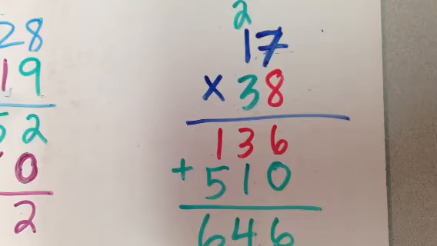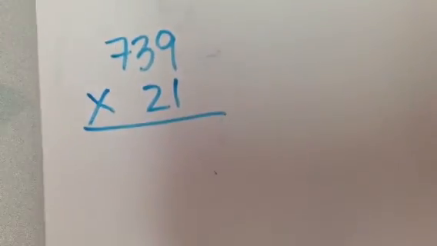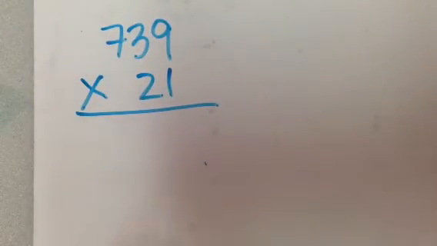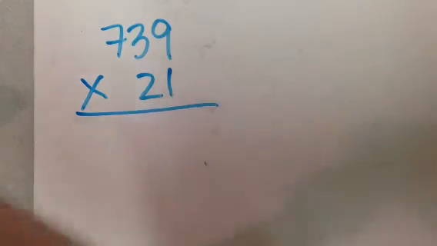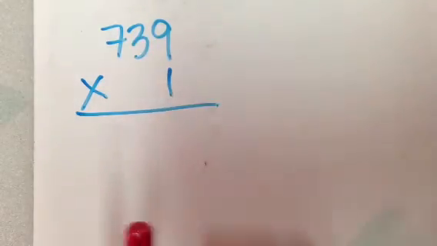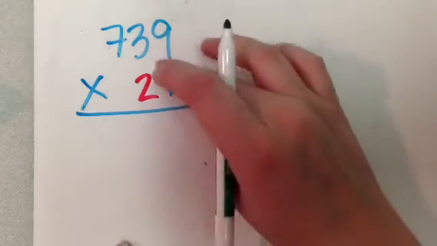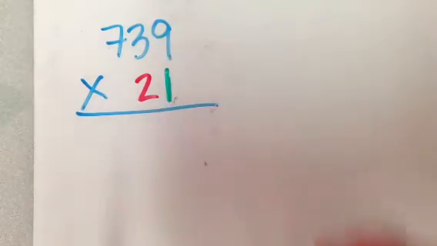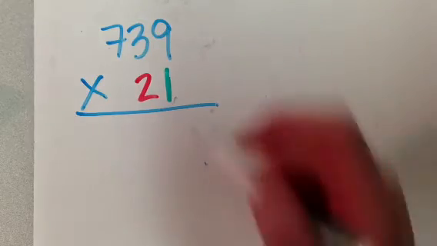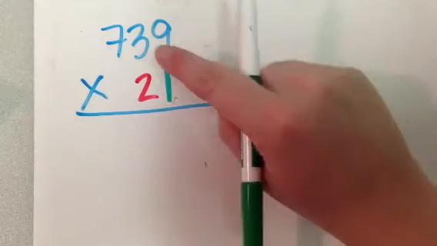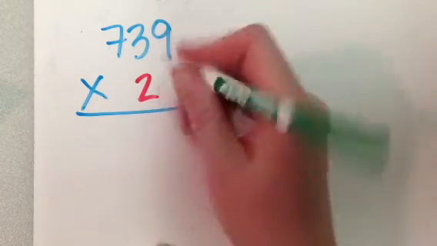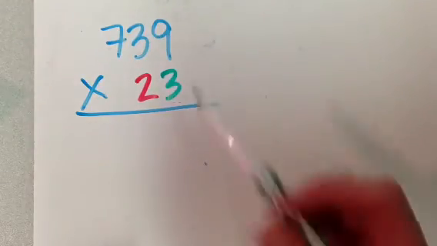Let's look at a little bit more complex number. What if I have 739 times 21? Let me grab my different colored pens here. Let me write the 2 in the red and the 1 in the green. Let's solve this one. So actually, let's make it 23. Okay.